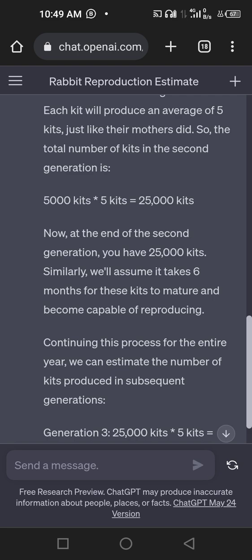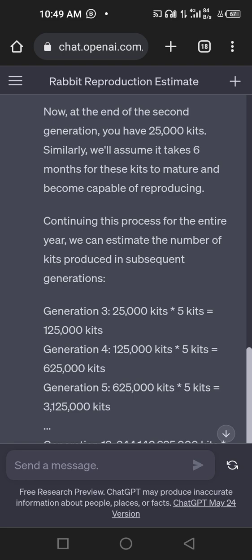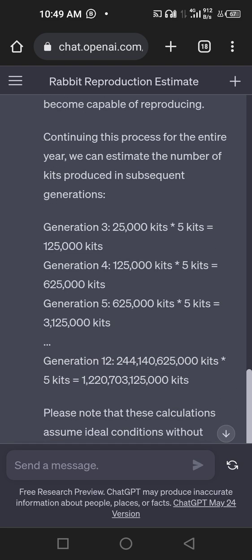Similarly, we'll assume it takes 6 months for these kids to mature and become capable of reproducing. Now, continue this process for the entire year. We can estimate the number of kids produced in subsequent generations. Now, generation 3, you have 25,000 kids times 5 kids. That give you 125,000 kids.